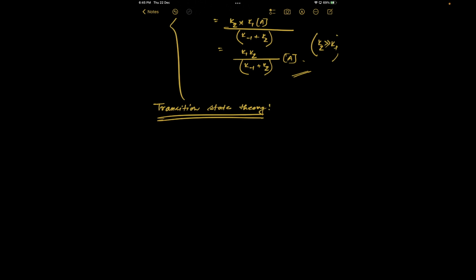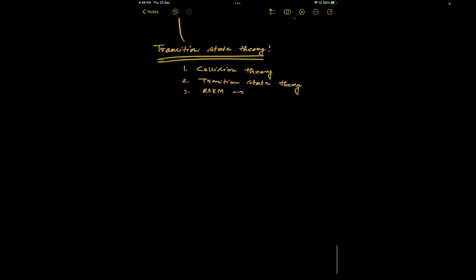So the first one is the collision theory, second one is the transition state theory, third one is the RRKM theory. Now let's discuss the transition state theory, because this is important, TST.